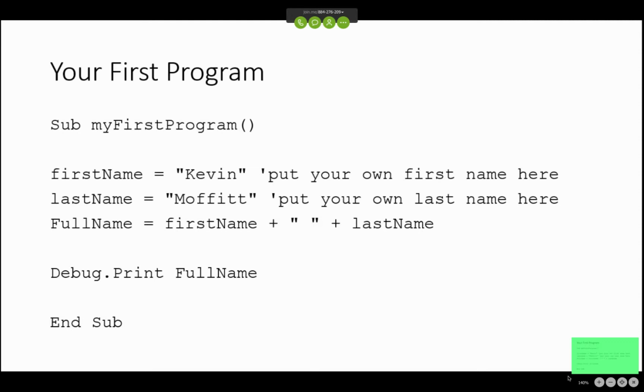Fine. But if, let's say, first name was actually a number, it wasn't a string, it's like a 5. Then it would try to be adding a 5. It'd be trying to do an actual add operation, a 5 plus a space, which means nothing. It'll give you an error. So instead, you can use and.